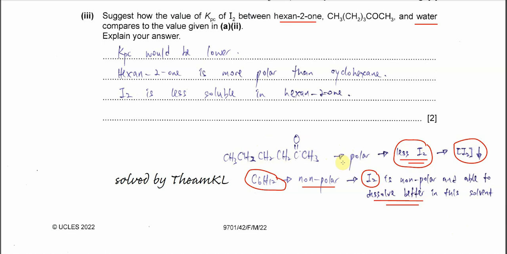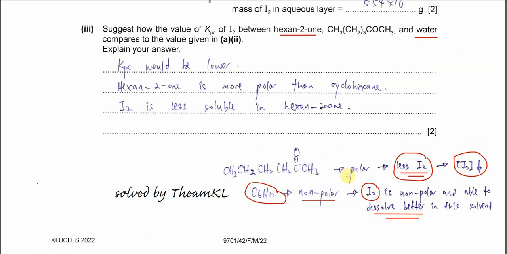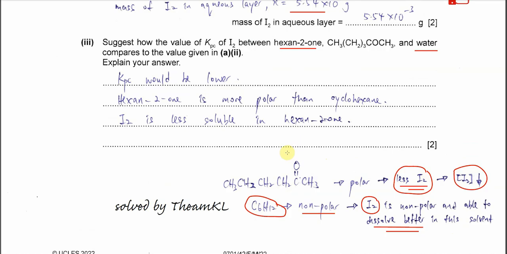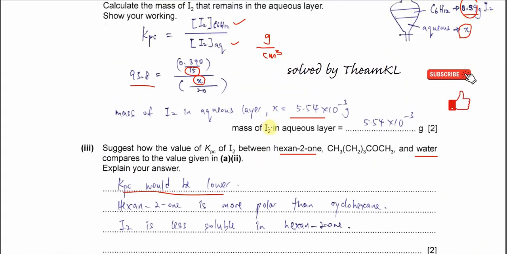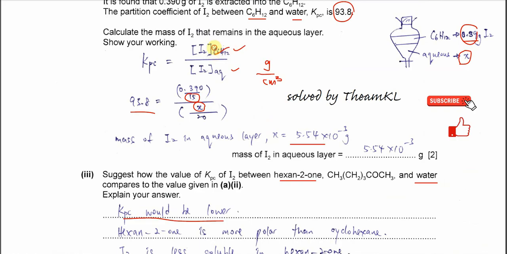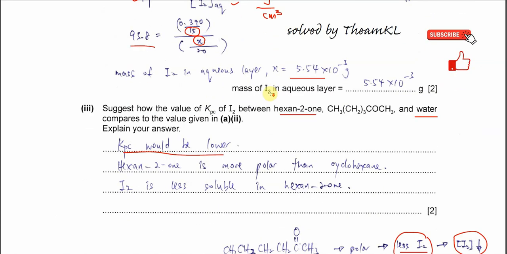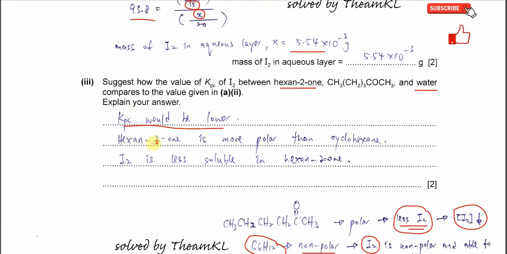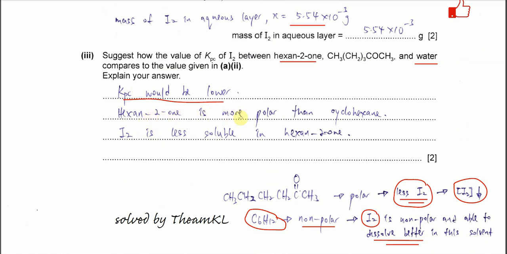Now we can deduce what the KPC should be. The KPC will be lower. Why? Because in the expression, if we change this one to the ketone, the concentration is relatively lower, so the KPC will be lower too. That's why KPC would be lower: hexan-2-one is more polar than cyclohexane, so iodine is less soluble in this ketone.